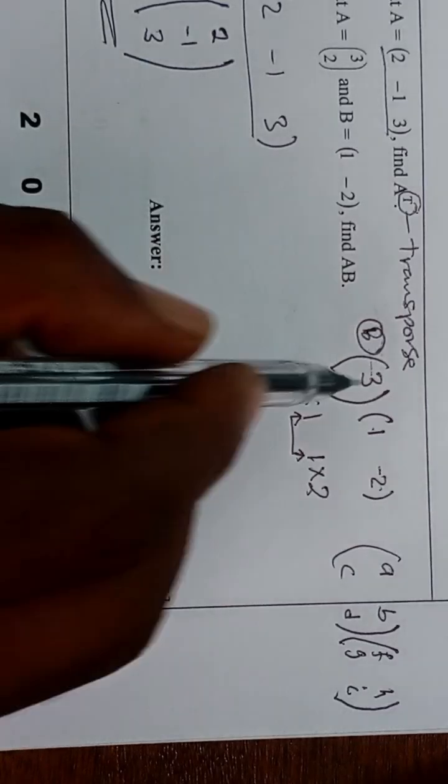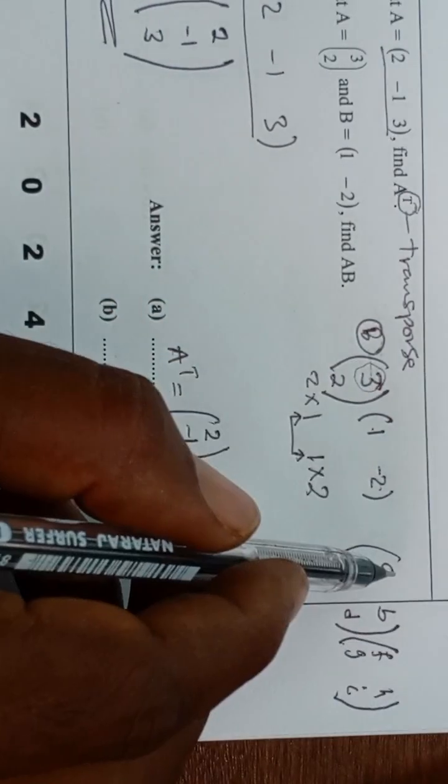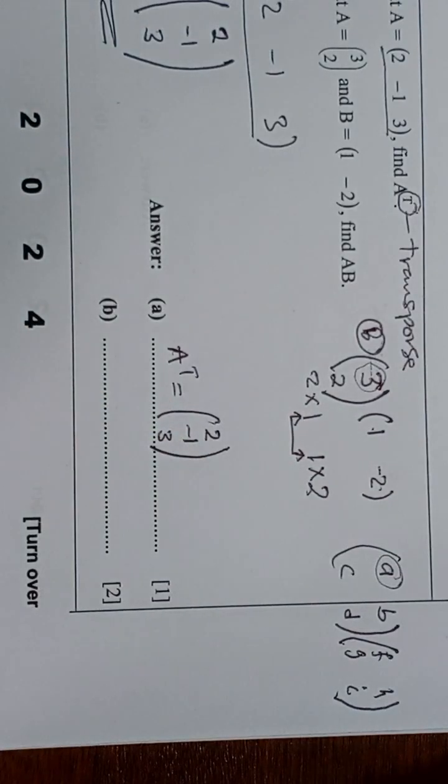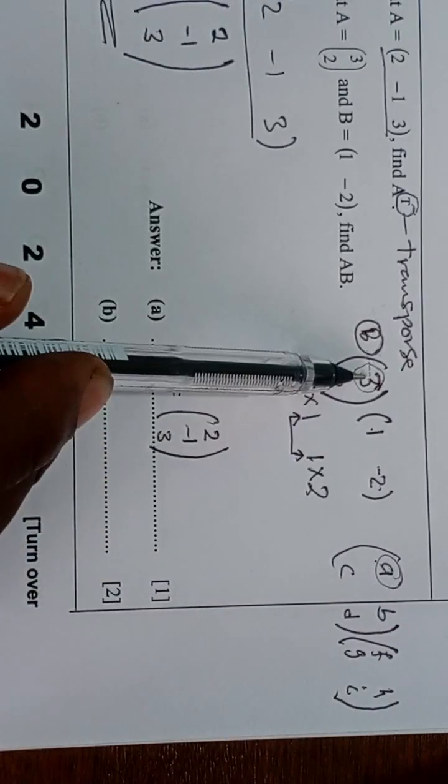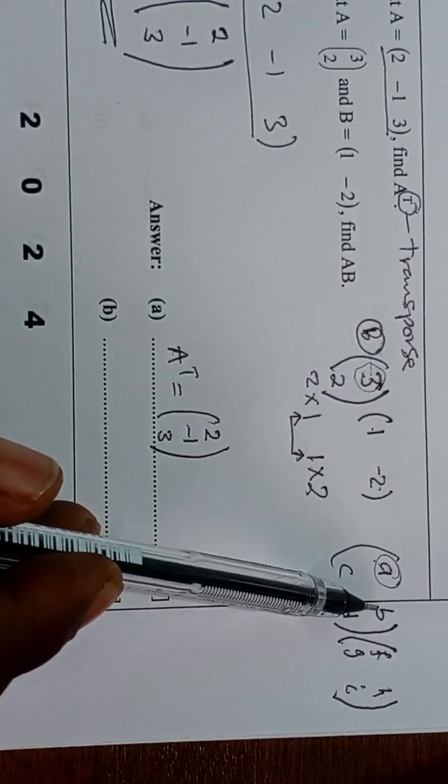So let's assume that 3 is a. So how do you multiply? In this case, we have a, which is a 3. We don't have a b.